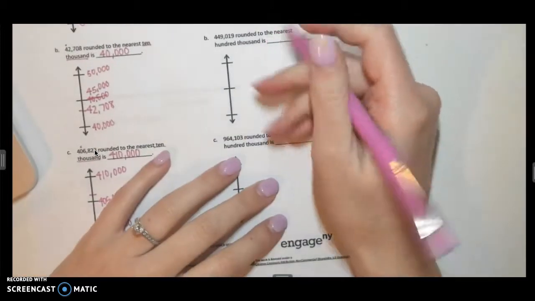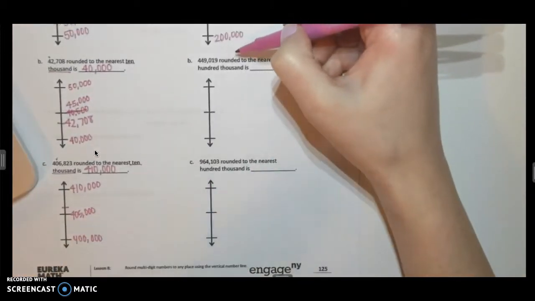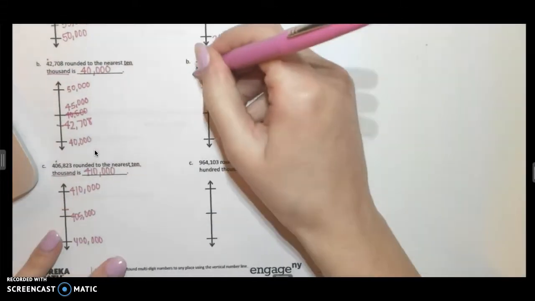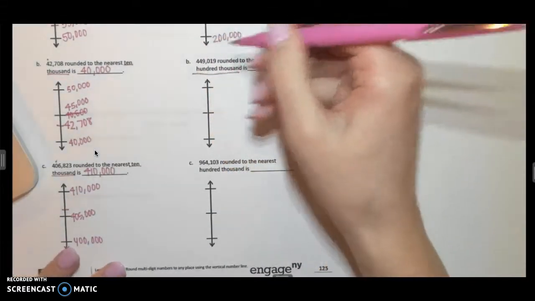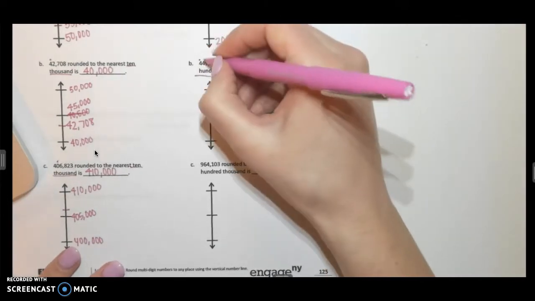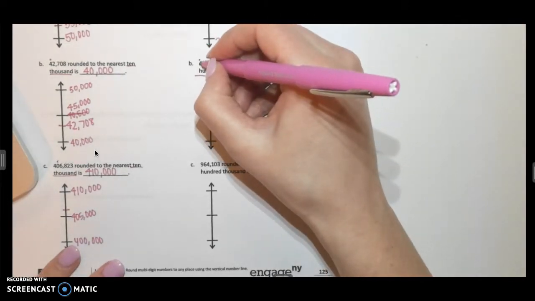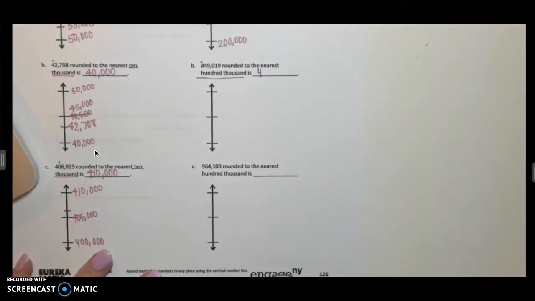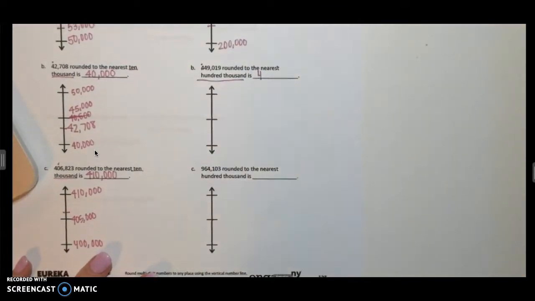Now, letter B. 449,019 rounded to the nearest 100,000 again, so rounding to this 4, and this 4 is telling us to stay the same. So 400,000 would be our answer.